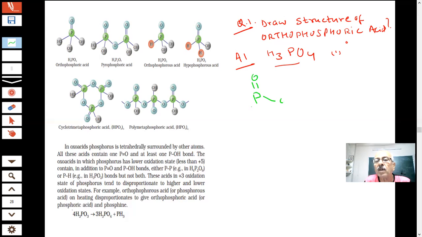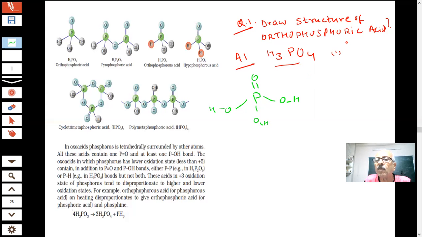I am putting 1, 2, and 3 oxygens. All oxygens are used. How many hydrogens are there now? Three. Then I will put one hydrogen with each. So this becomes the structure of H3PO4.